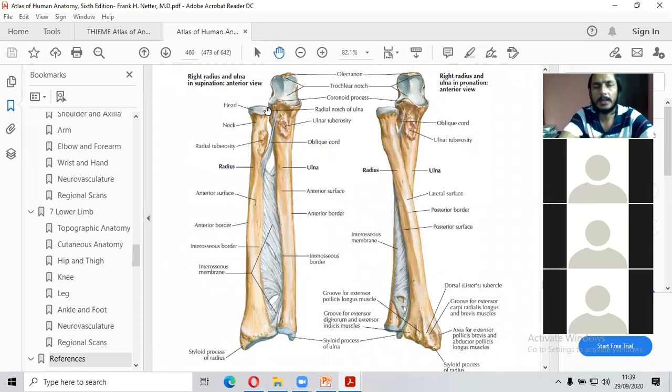So at these two radioulnar joints, proximal and distal, supination and pronation movement occurs. The supine position is like this, the bone will be like this. In the next, the radius is overlapping, so that is the pronation. In supination, it will be like this; during pronation, it will be like this.